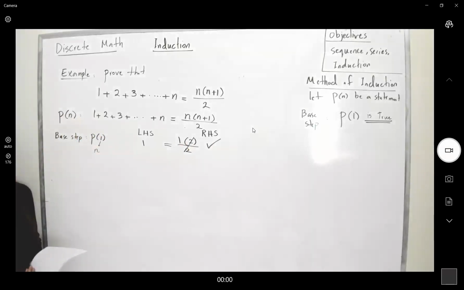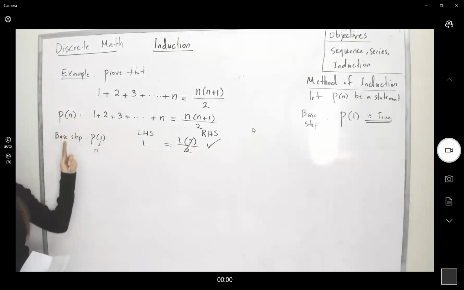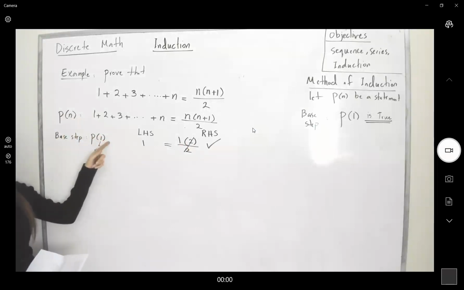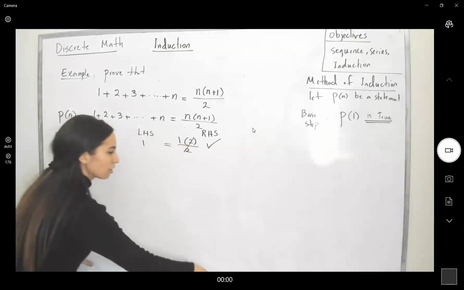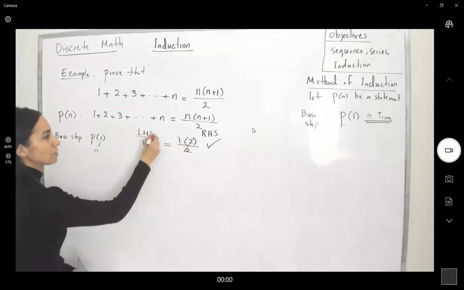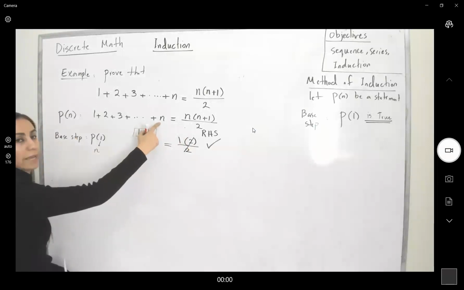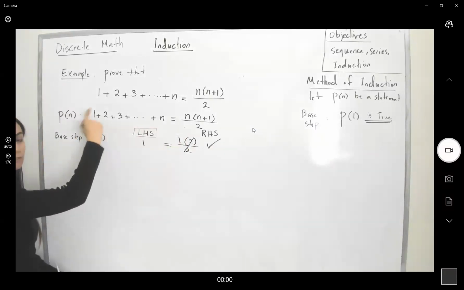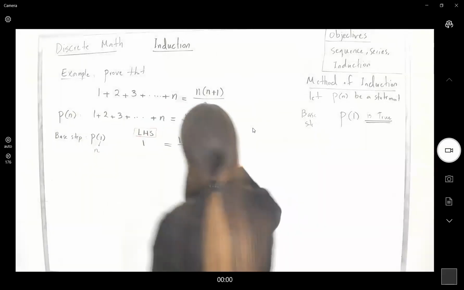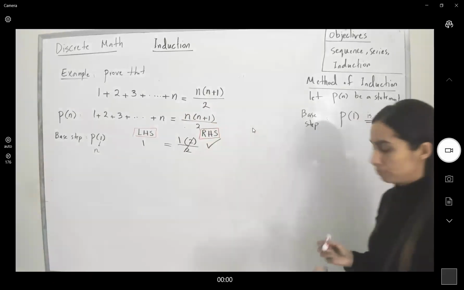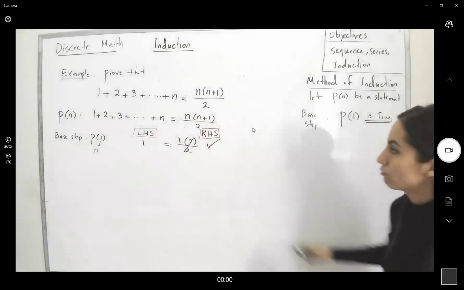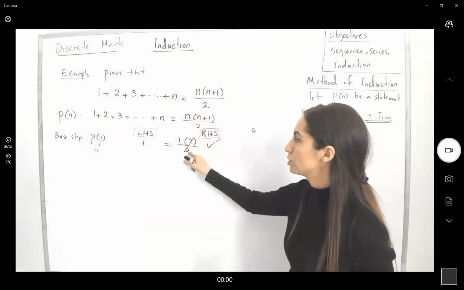So you start with a statement, Pn. Your very first step is the base step, P of 1. You have to check to see if the left hand side is equal to the right hand side or not. On the left hand side, n is equal to 1, so we don't have 2, we don't have 3. It starts at 1. On the right hand side, we just plug in 1 into the quantity here. We have 1 times 1 plus 1, which is 2, divided by 2.